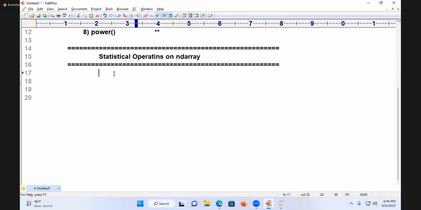So at present, in statistical operations, we have certain functions. What are the statistical functions which are available?